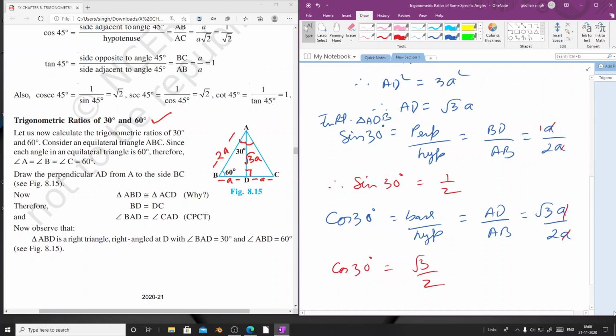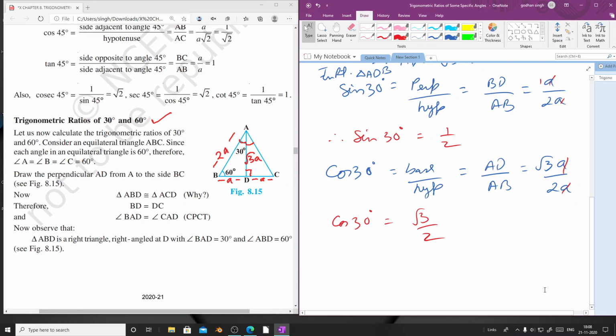Now next we will find the value of tan 30 degree. Tan 30 degree equals perpendicular by base. Tan theta is defined as perpendicular by base. So in the right triangle ADB, what is perpendicular? That is BD over base. What is the base? That is AD.